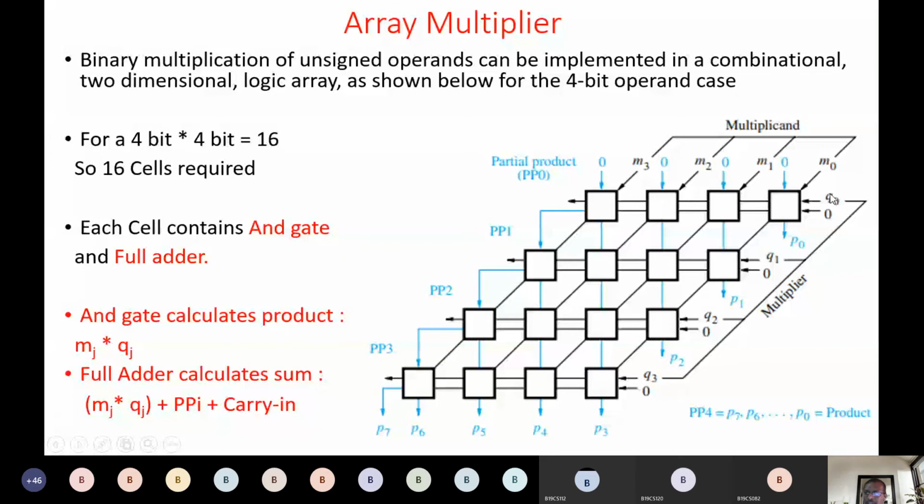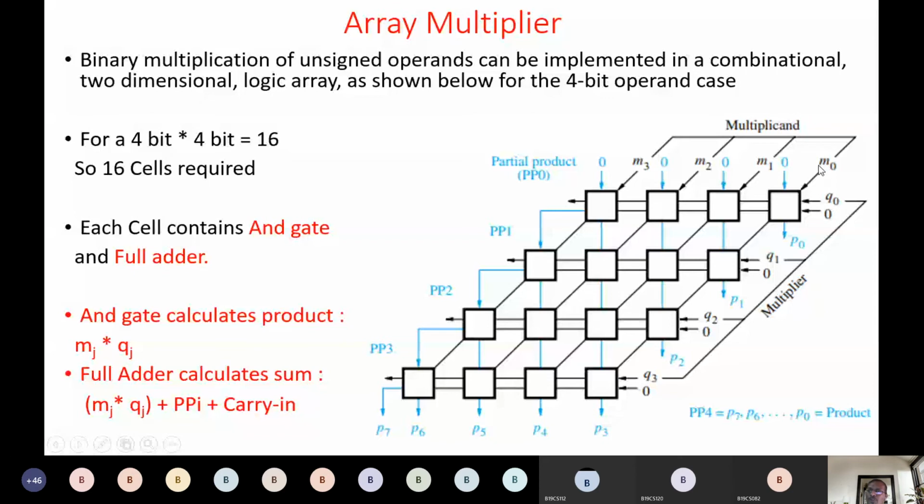At each cell, what is happening is we give a multiplicand bit such as M0 as an input, and the multiplier bit as an input. Along with these two, what else do we give? A carry-in. By default the carry-in is 0. You can see at every step we have a carry-in of 0.